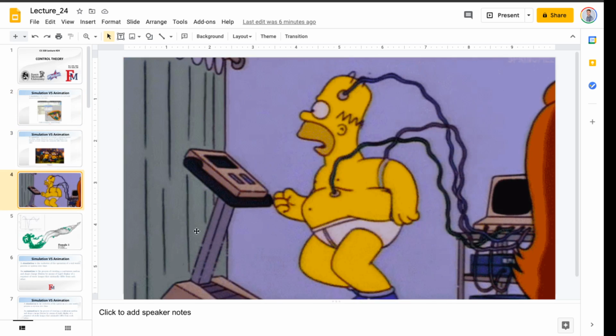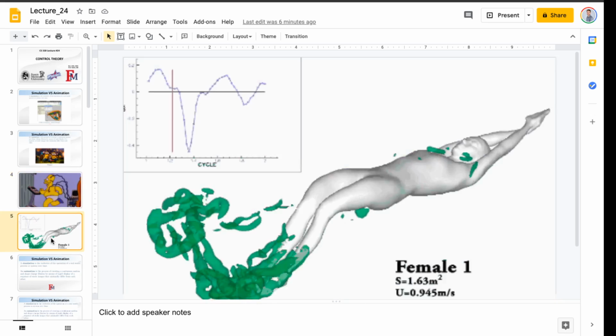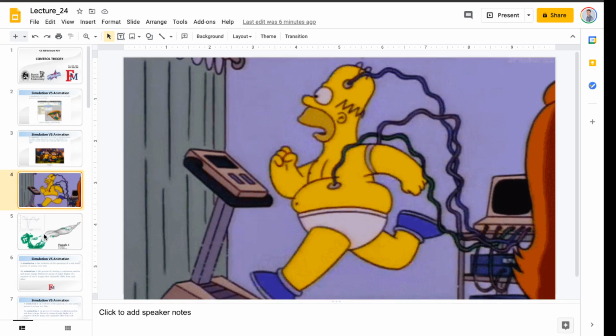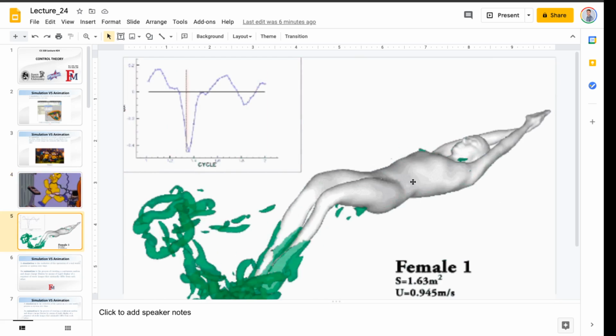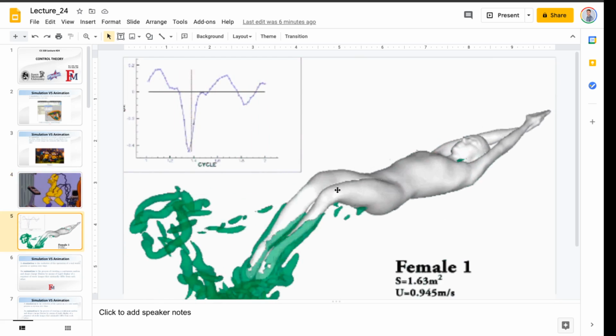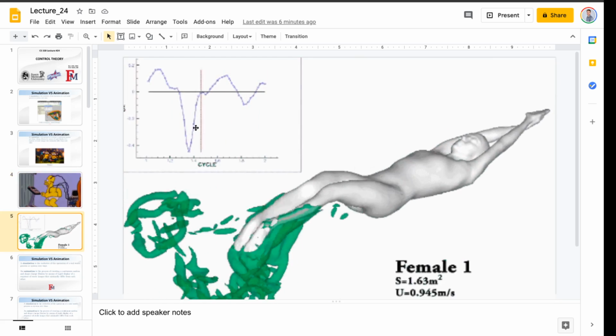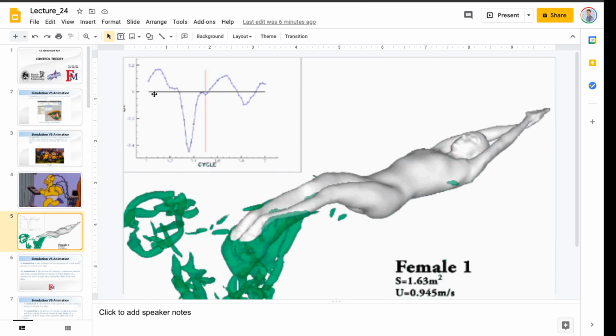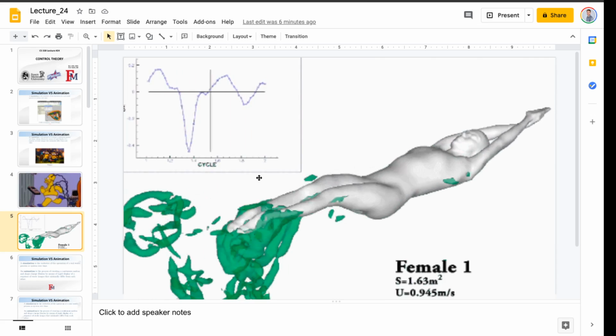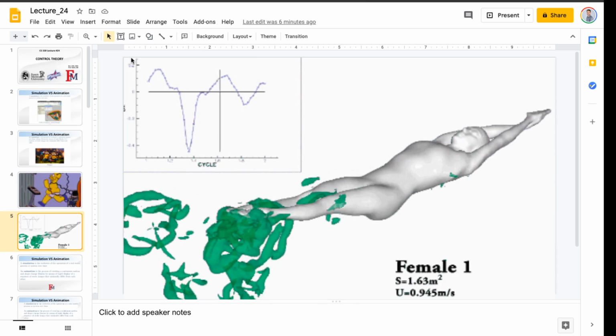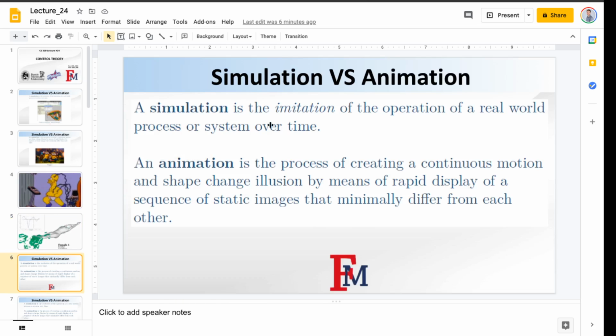That's kind of the real-world system, so that will be animation. This will be kind of simulation, right? A person is swimming, doing backstroke, just swimming on the back, and we are trying to calculate, I don't know, water resistance or something like that. Simulation is the imitation of the operation of the real-world process.